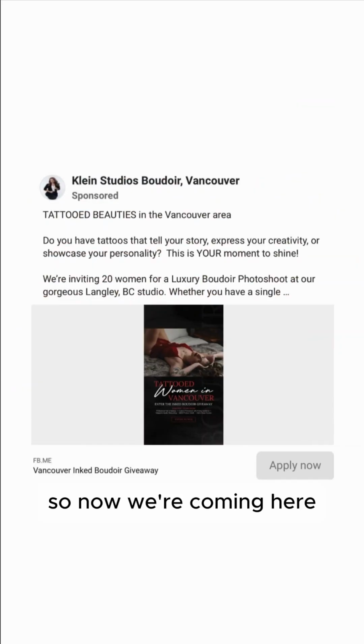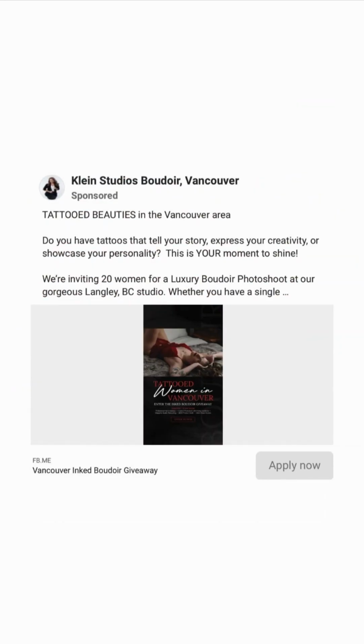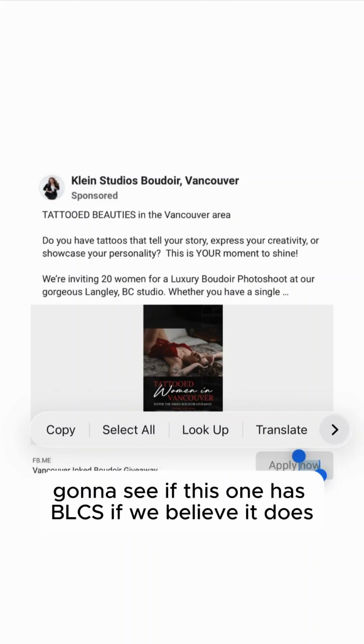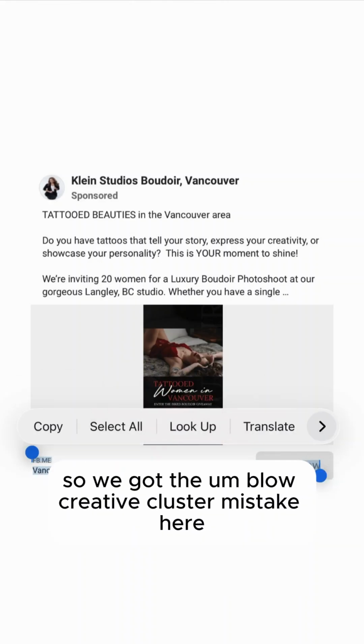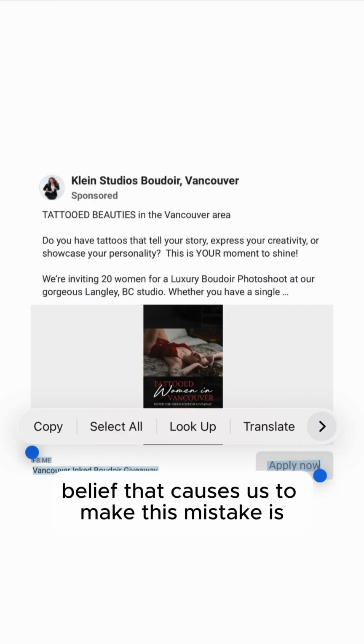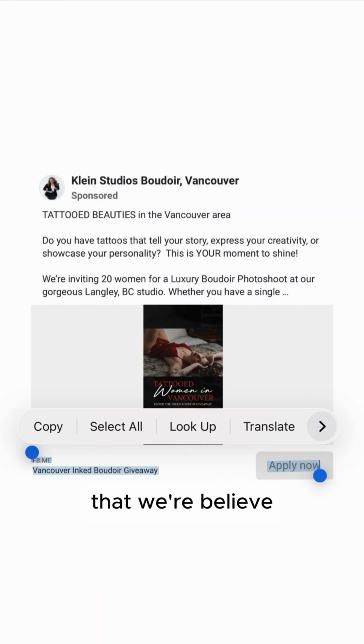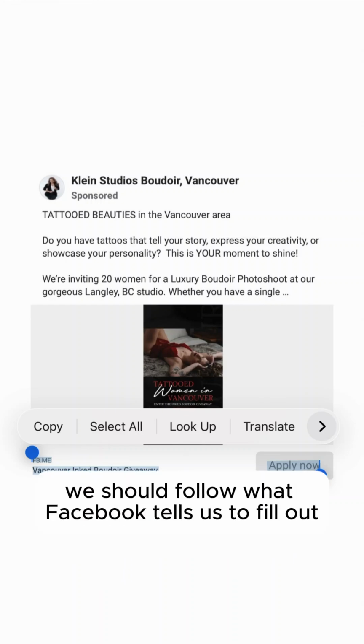So now we're coming here. Gonna see if this one has BLCS or if we believe it does. So we got the below creative cluster mistake here. The false belief that caused us to make this mistake is that we believe we should follow what Facebook tells us to fill out.